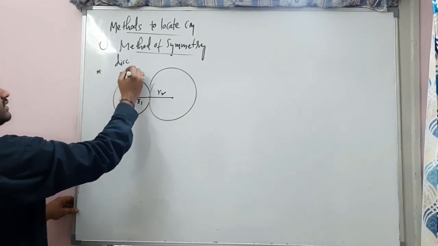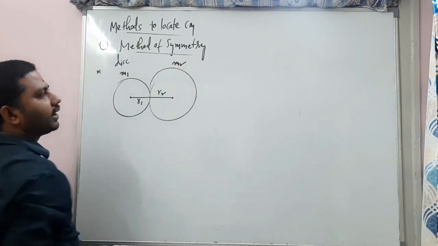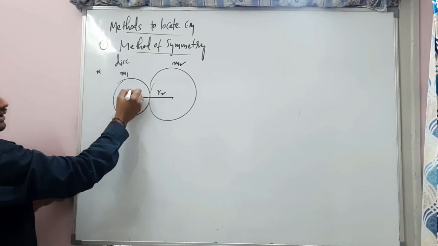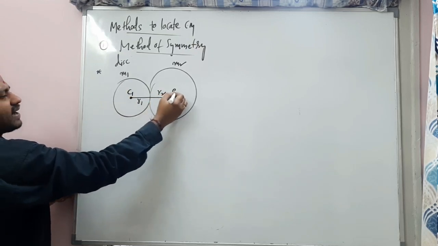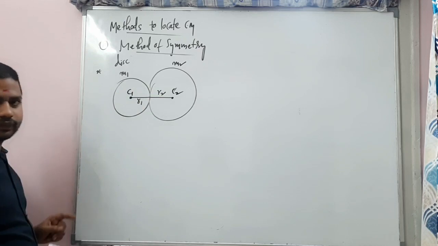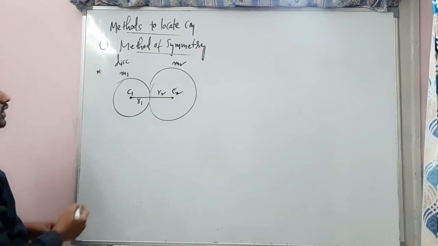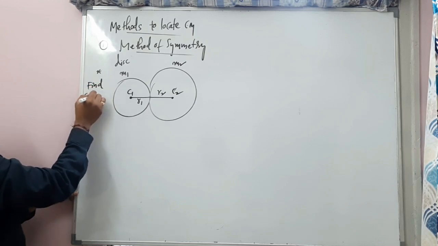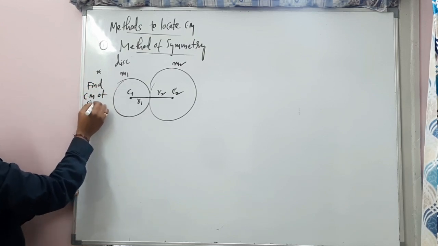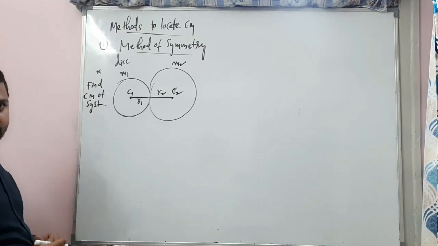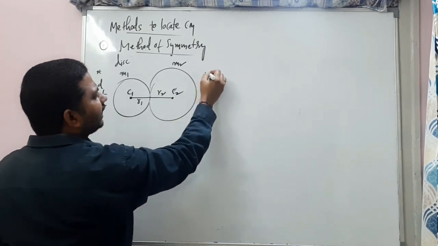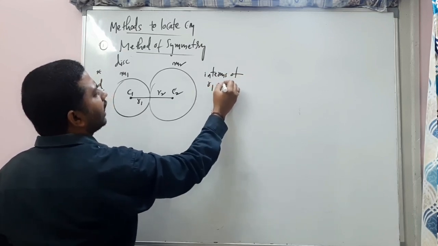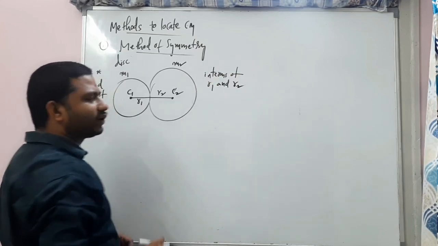So the mass of this is M1 and the mass of this is M2. This disk's center of mass lies here at C1. This center of mass lies here at C2. The question is, find the center of mass of the system. That's the point. So the answer must be in terms of R1 and R2 values. Listen students, that is important.